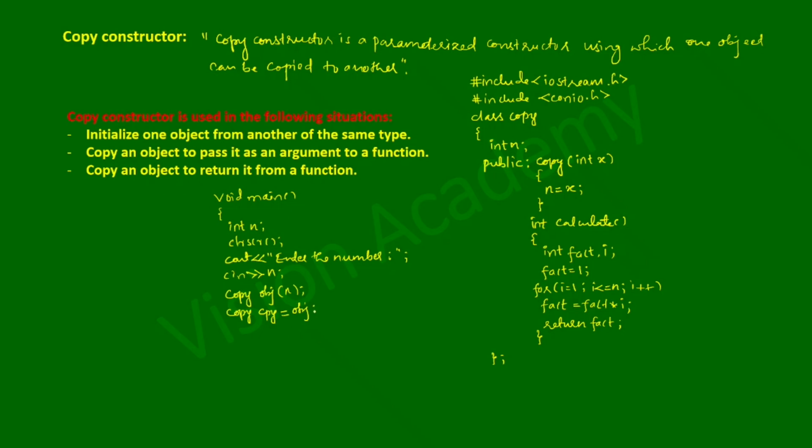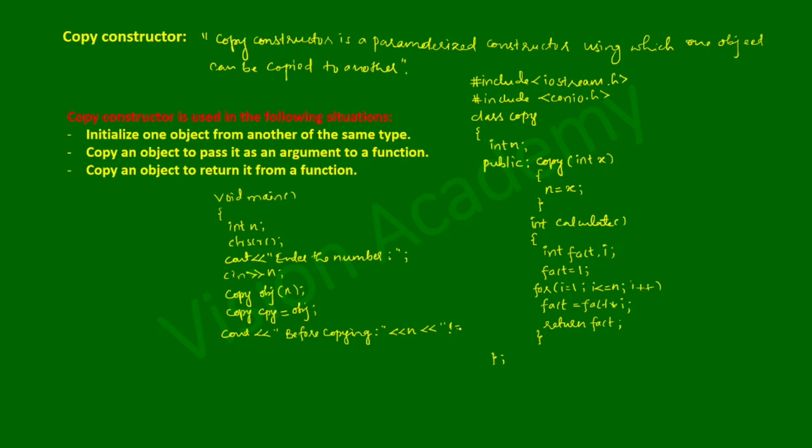So hence object is copied. Now we are going to write the cout statement. In a double quotation mark, I'm going to write before copying, and the double quotation mark, n, and in a double quotation mark I'll write exclamation mark, that is read as factorial.